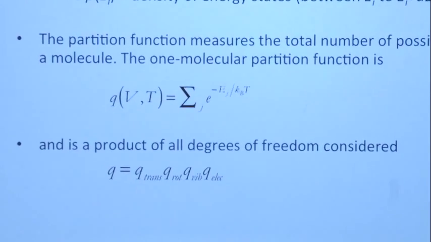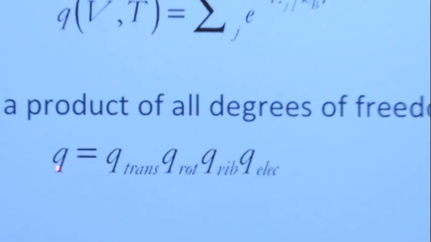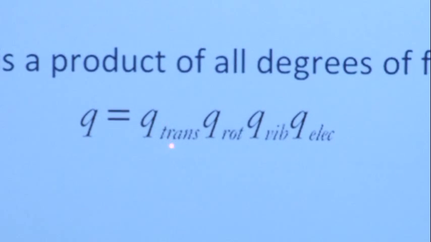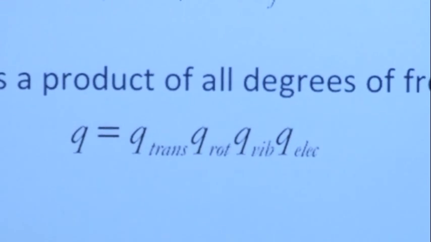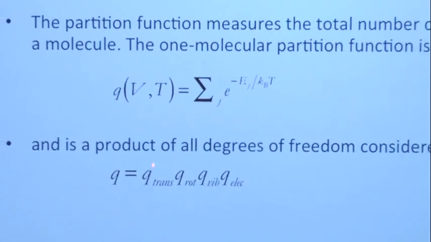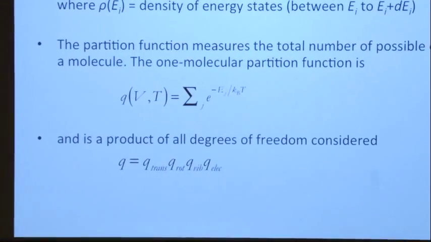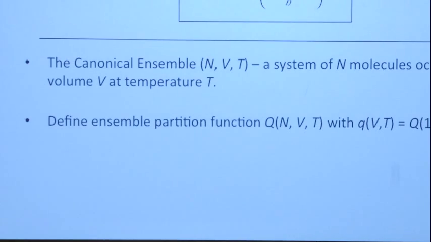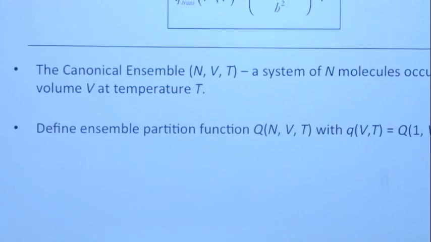In that form, the total molecular partition function is a product of the partition functions for each type of degree of freedom. There are 4 parts: translational, rotational, vibrational. There is a little thing called the electronic partition function. I'll talk about this a little later. All right. I'll show you why I needed to talk about the partition function shortly.